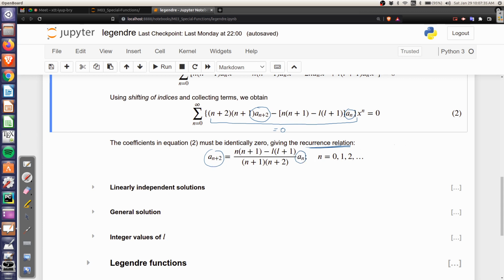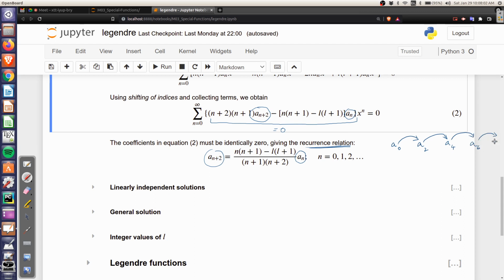So for instance, if I know what a0 is, then from a0, using this recurrence relation, I can find out a2, not a1. Then from a2, using this recurrence relation, because here you see if n is 0, then it is going to give us a2. So from a0 I am getting a2. If n is 2, we have 2 plus 2, we will get a4. From a4 you will get a6, and so on.